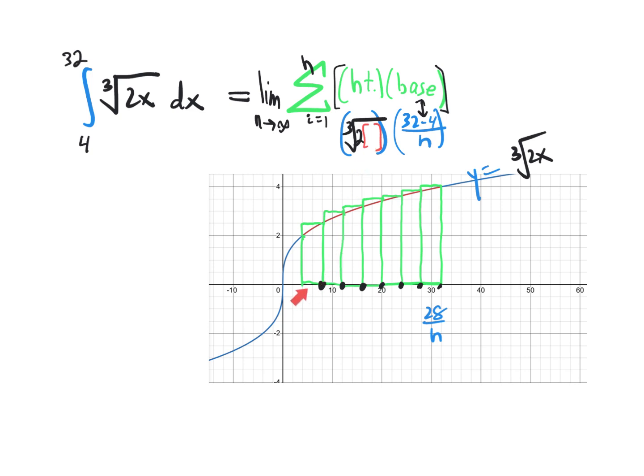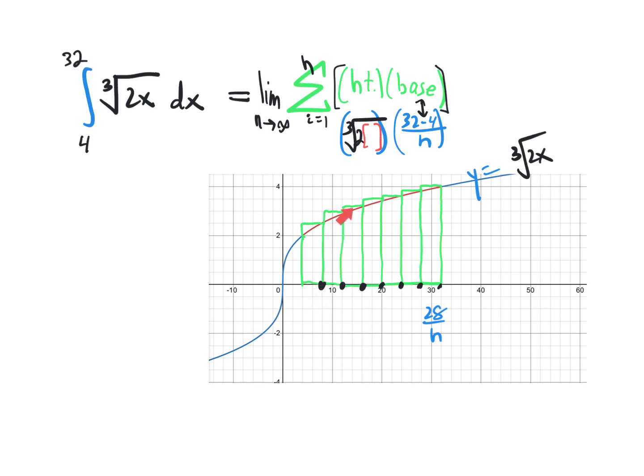We'll notice that the very first x value, this dot, was our starting point plus the width of a rectangle. And the second x value, which we'll put in to get our height of the second rectangle, was start value plus the width of the rectangle twice. Did you see the correlation between i being 2 and going the width of the rectangle twice?